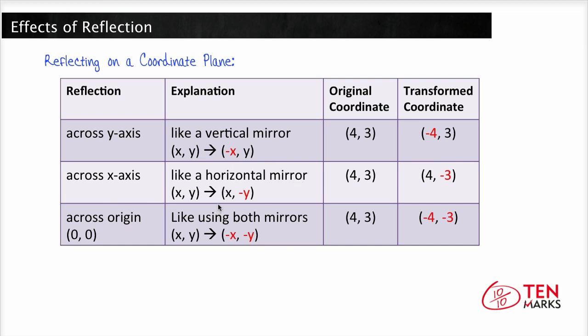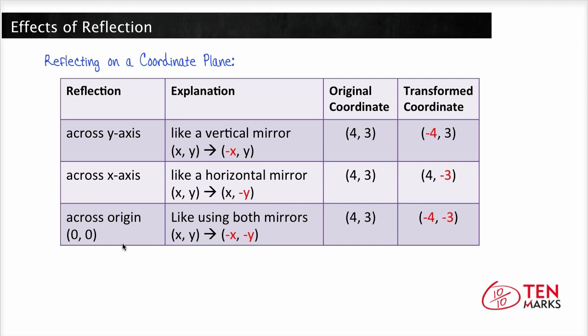So the image will be below the mirror and the point will be as far away from the x-axis as the original one was. So in this situation, the x-coordinates remain the same and the y value transforms into its opposite. So with the example of 4, 3, you can see that 4 stays the same and 3 becomes its opposite, which is negative 3.